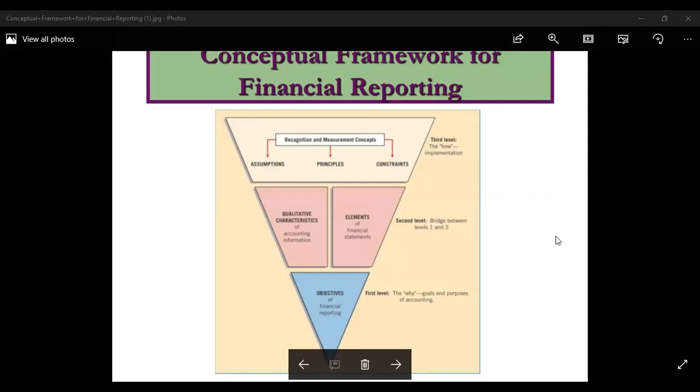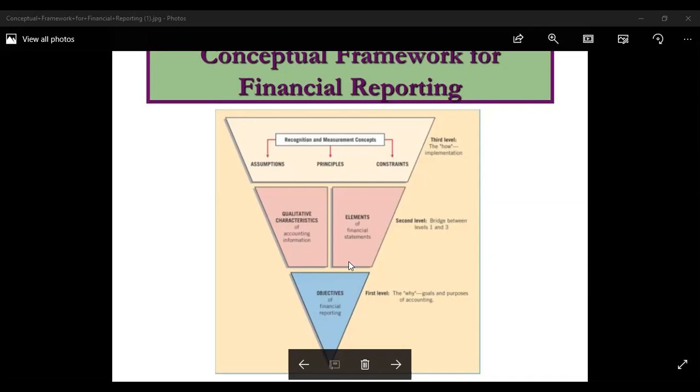So I love this particular illustration that you can see on your screen, because this shows us an inverted pyramid or triangle which shows the three levels in the conceptual framework for financial reporting.